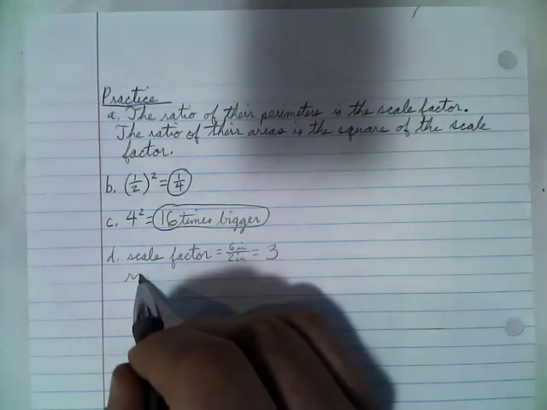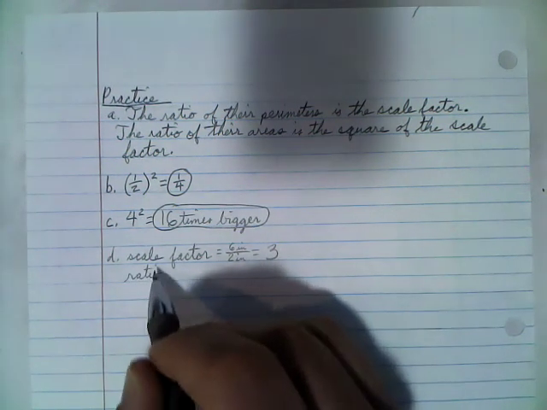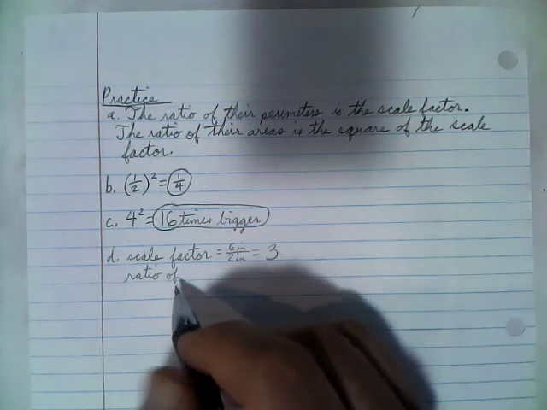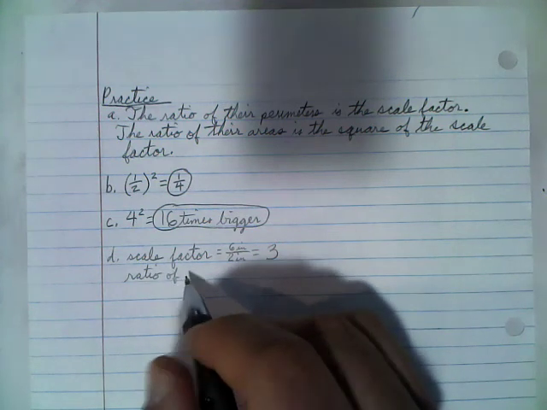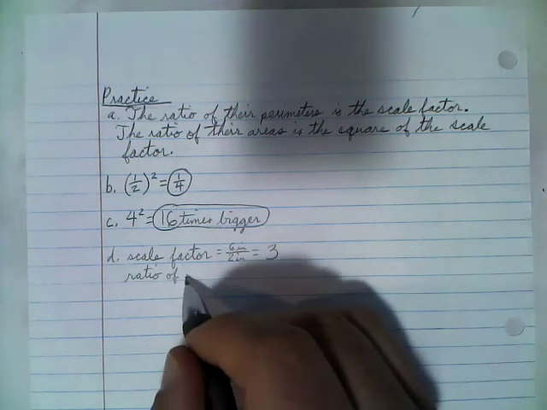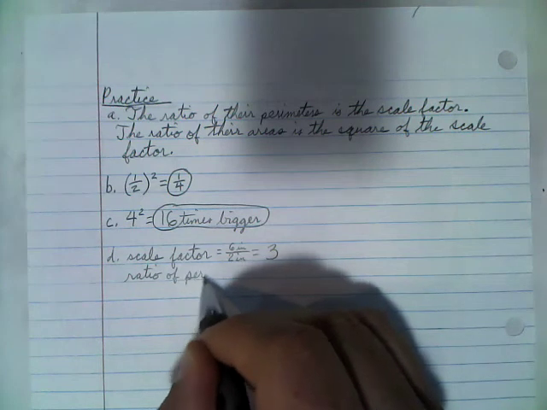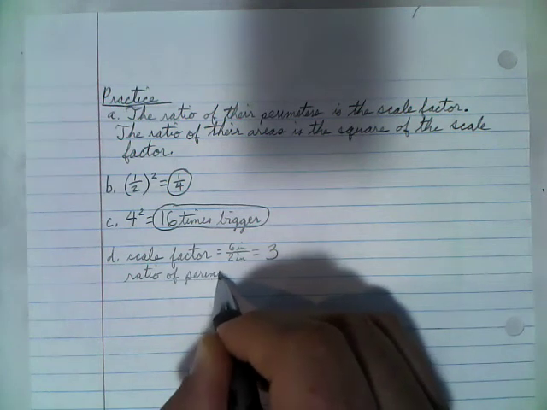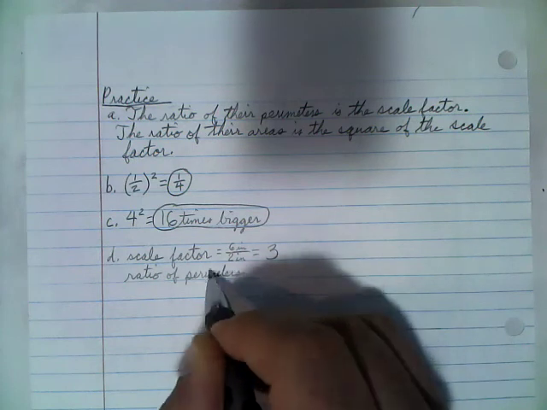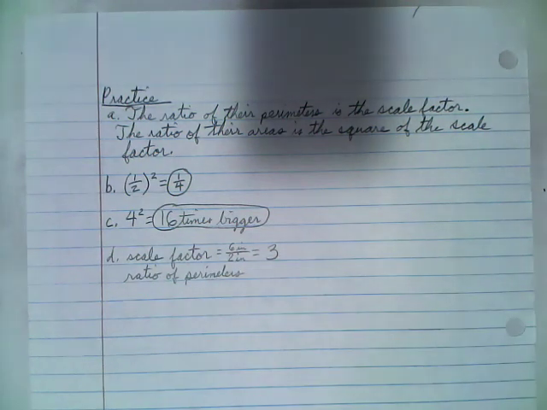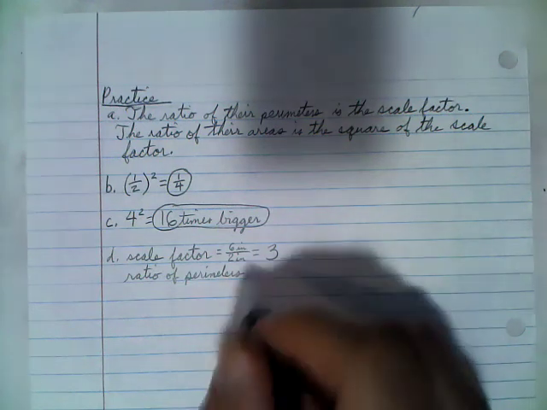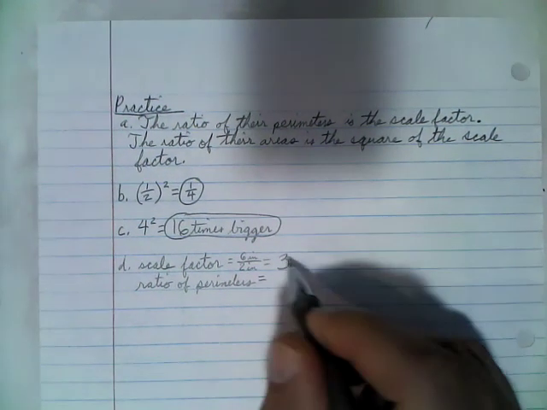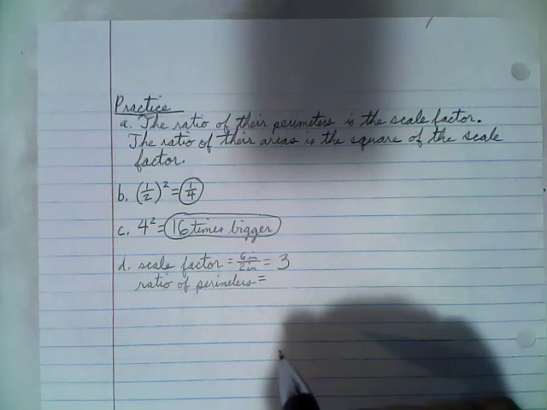So the ratio of the perimeters is going to equal, well, just same as the scale factor, just turn it into a ratio.